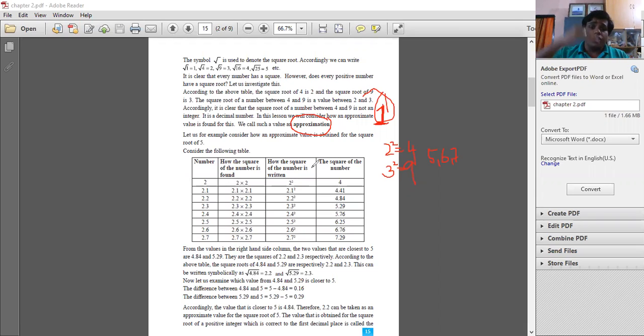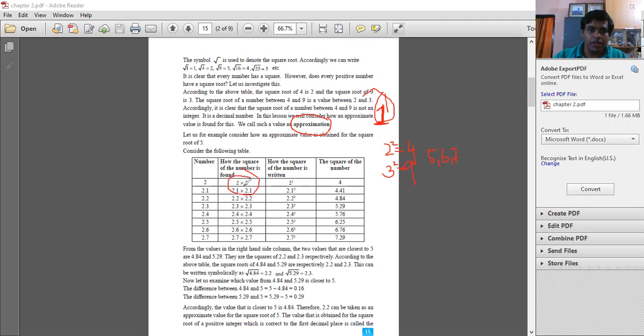2.1. Look at this. Between 2 and 3 there are decimal places. Let's take the ones we know. I said there are infinite numbers between 2 and 3, but the most relevant decimal places are 2.1, 2.2, 2.3, 2.4, 2.5, 2.6. The square of a number is found as 2 times 2 gives you 4.